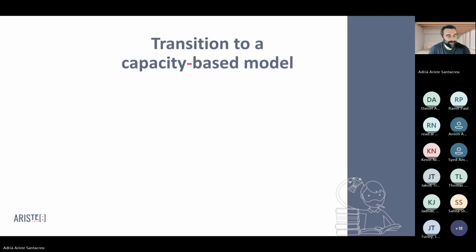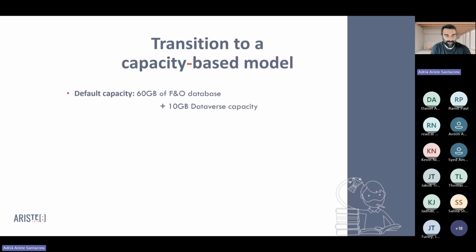So in the licensing guide, it says that by default, we got 60 gigabytes of database capacity plus 10 gigabytes of Dataverse capacity. We need to differentiate between both. So even if we are deploying the FNO environments on PPAC, FNO environments are still consuming FNO capacity.